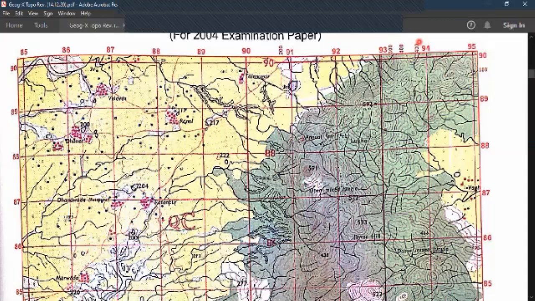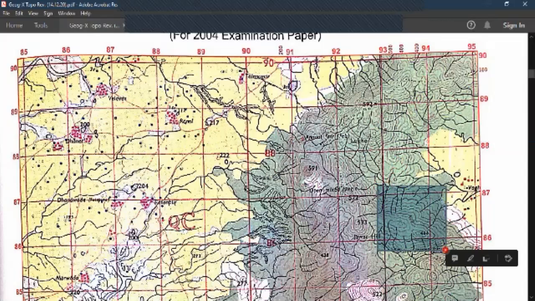Now, question number 2 is, name the type of drainage pattern found in grid square 9386 and 8687. First of all, we will take the grid square 9386.